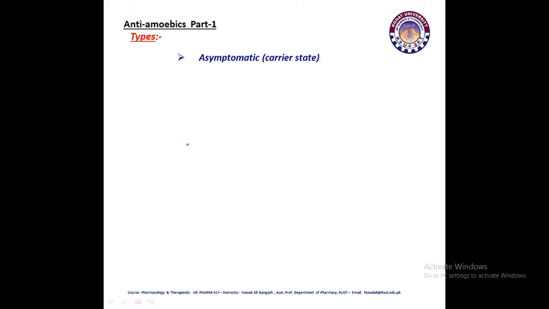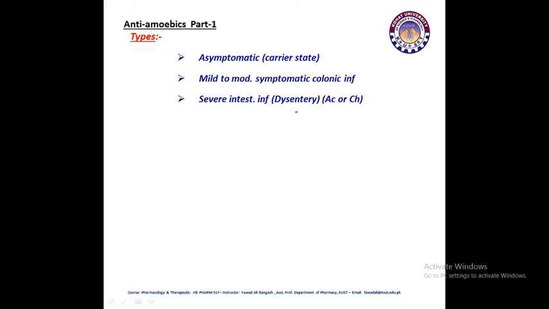There are types of amoebiasis. First, the asymptomatic carrier state. Second, mild to moderate symptomatic colonic infection. Third, severe intestinal infection like dysentery, acute or chronic. Fourth, extra-intestinal infection like amoebic hepatitis or abscess.